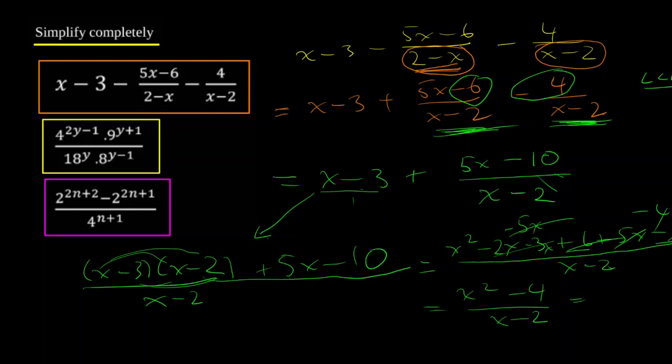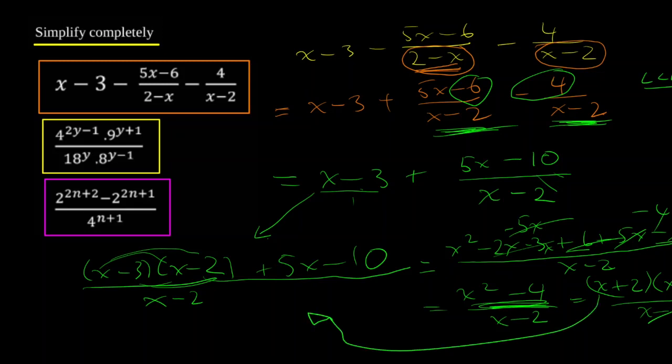I'm running out of space here, so I'll have (x + 2)(x - 2), because I can factorize the difference of squares, and then I have x minus 2. Those things cancel out, and my final answer is, so I'm going to write right over there with the ugly arrow, x plus 2. So that's my final answer for that.